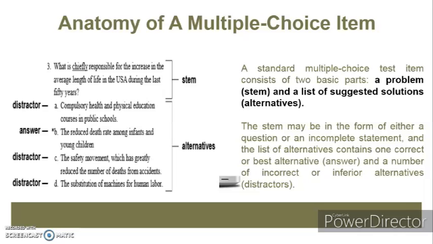The stem may be in the form of either a question or an incomplete statement, and the list of alternatives contains one correct or best alternative, which is the answer, and a number of incorrect or inferior alternatives, which can be called distractors. You can see the example on the left.